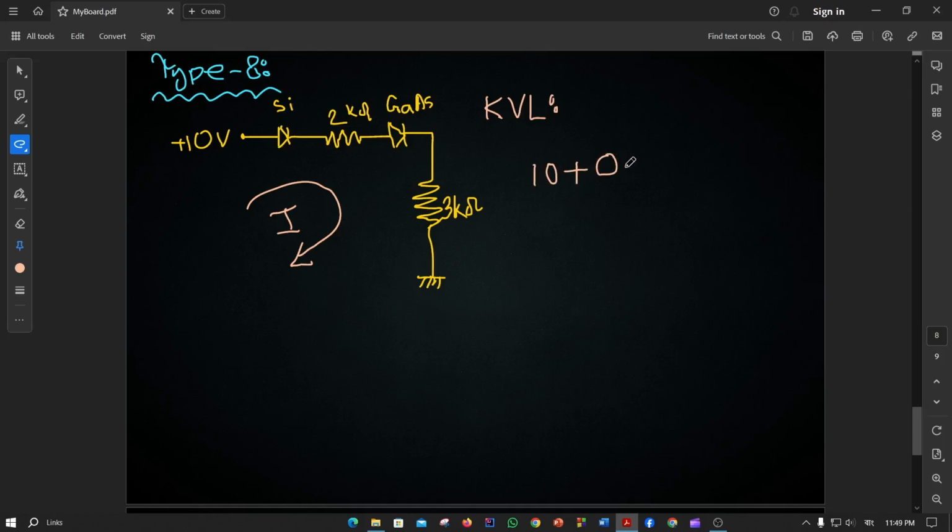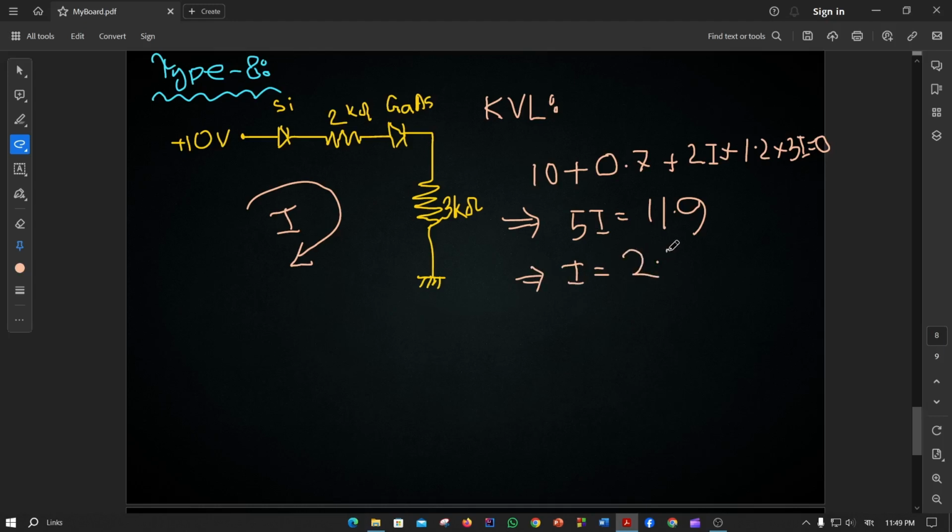Plus 10, for the silicon 0.7, 2I, 1.2, 3I equal to 0. So the I value is 2.38 milliampere.